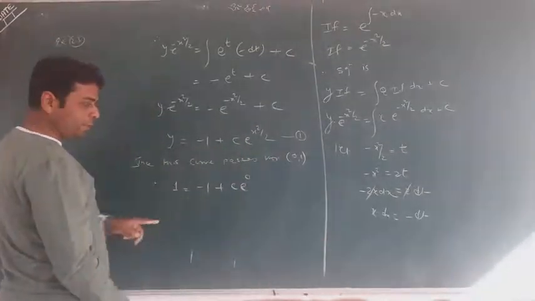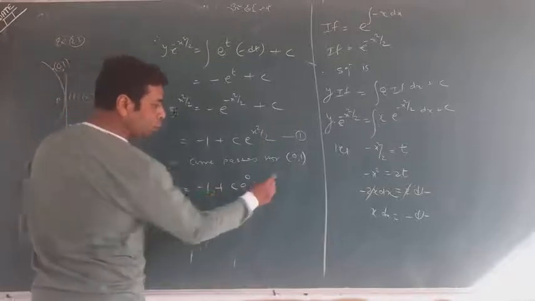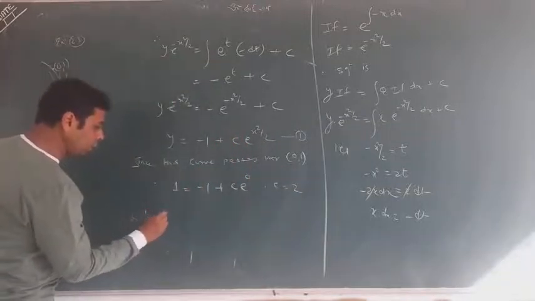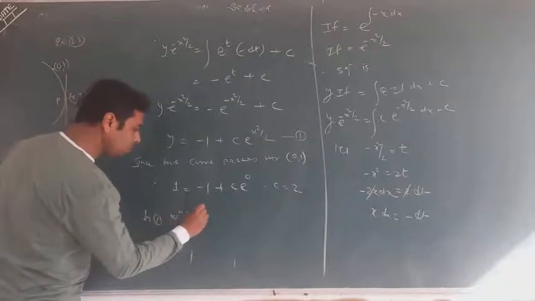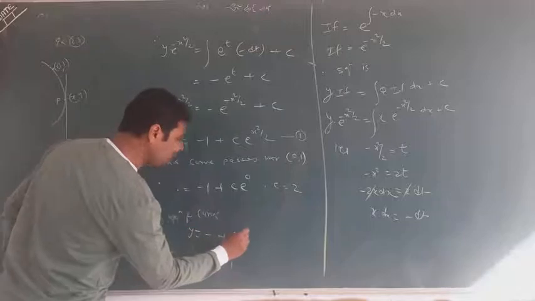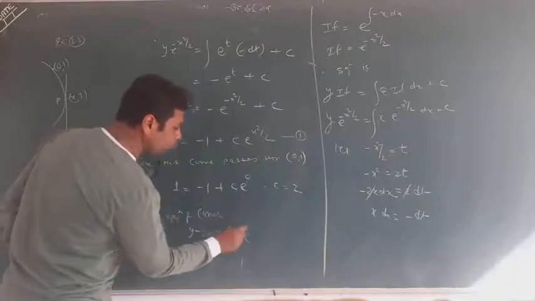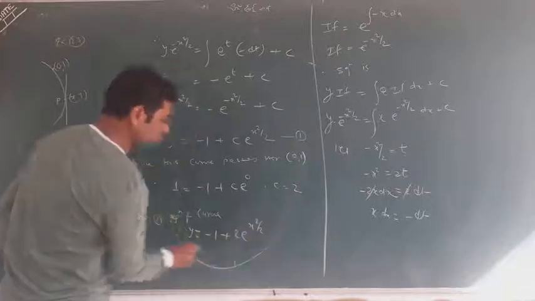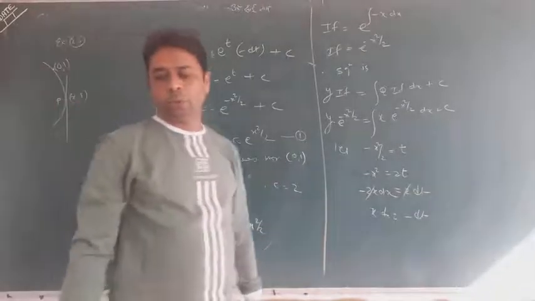So ultimately we have 1 equals minus 1 plus c, so c equals 2. Put c as 2 here. The solution equation of the curve is y is equal to minus 1 plus c, sorry, c meaning 2, e to the power x square by 2. So this is the way of doing it.